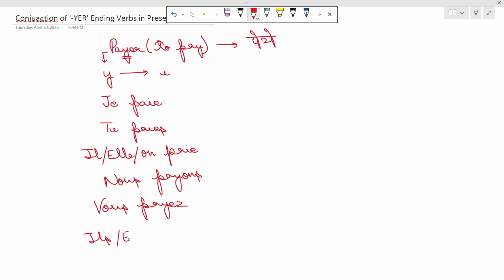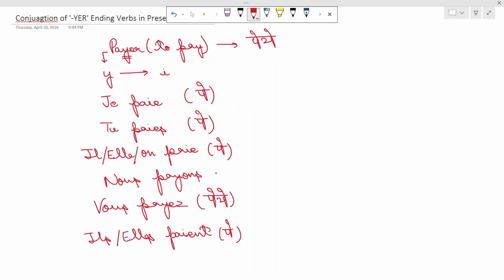But there is change in the other all forms. This is pronounced as paie, paie, paie, paie, payez, and payons.